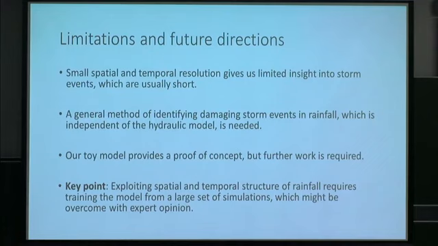So we don't have much insight into how the storm behaves over smaller amounts of time. As well, we only have two locations, so we don't have that much insight into the spatial impact of the rain. In future, this model would have to be made more complex in order to show more significant results.